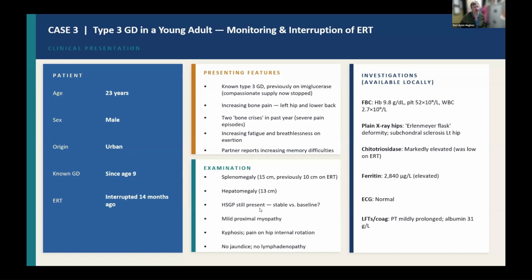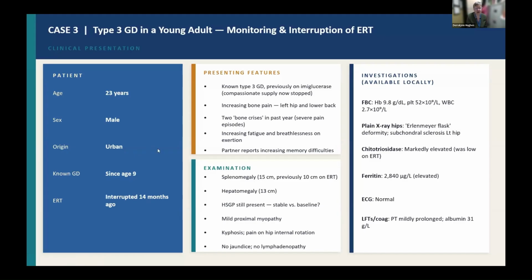So a 23-year-old male from an urban environment. He'd been diagnosed at the age of 9 and had some interruption of enzyme replacement 14 months ago. He was developing increasing bone pain. He'd had a couple of bone crises, fatigue and breathlessness. His spleen and liver had both enlarged.